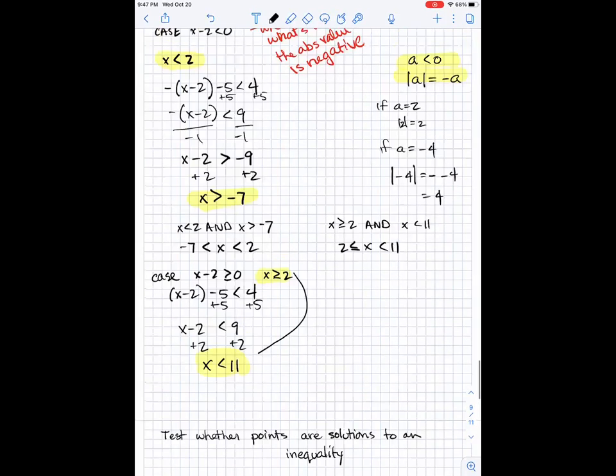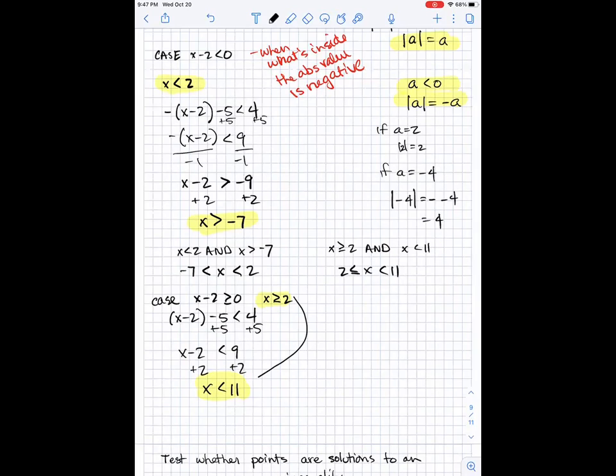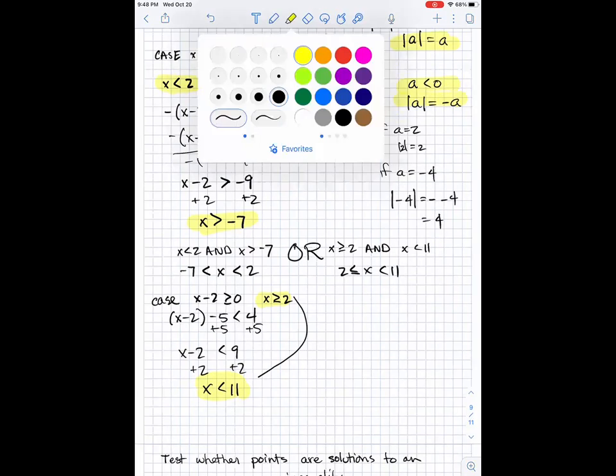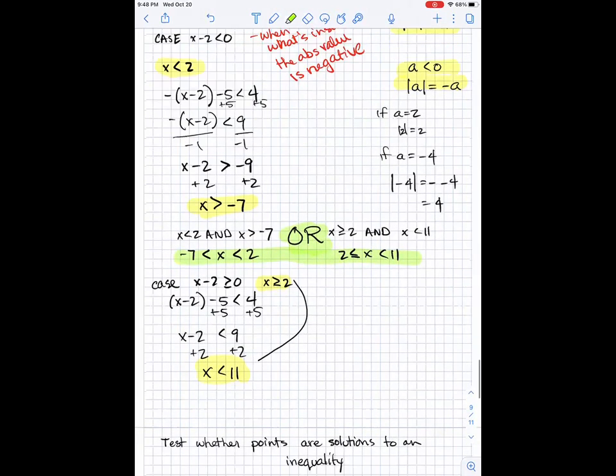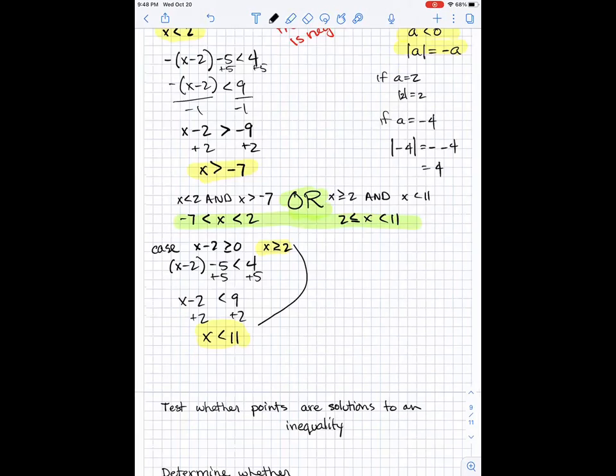Now, between the two cases is an or, because your value inside the absolute value can be either positive or negative. That means between the two cases, we have an or. So this is my solution here.